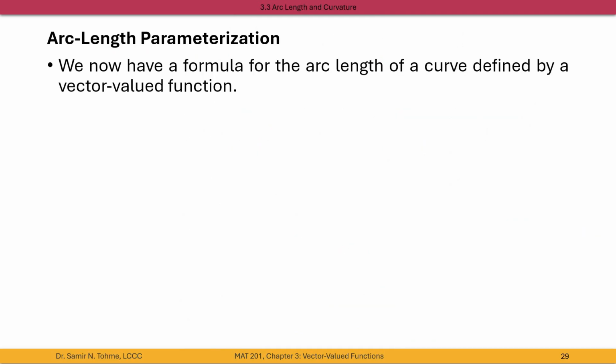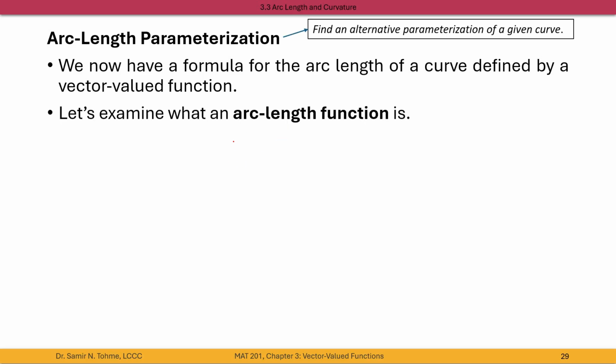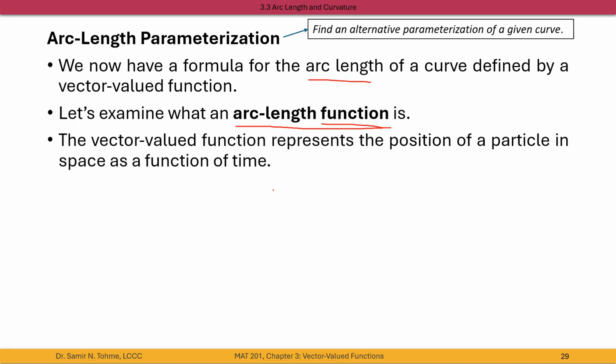Arc length parameterization. We now have a formula for the arc length of a curve defined by a vector valued function. Let's examine the arc length function. We already dealt with the arc length. But what is an arc length function? The vector valued function represents the position of a particle in space as a function of time.